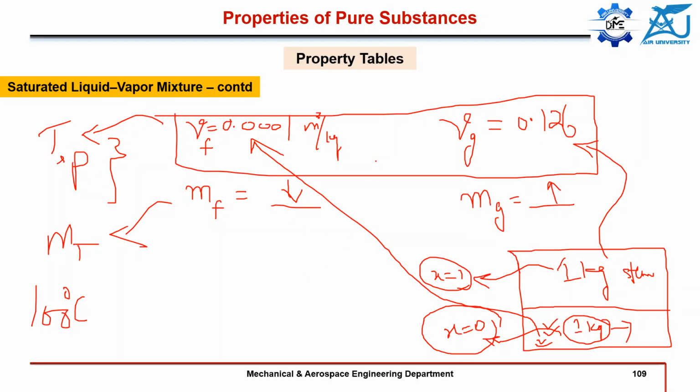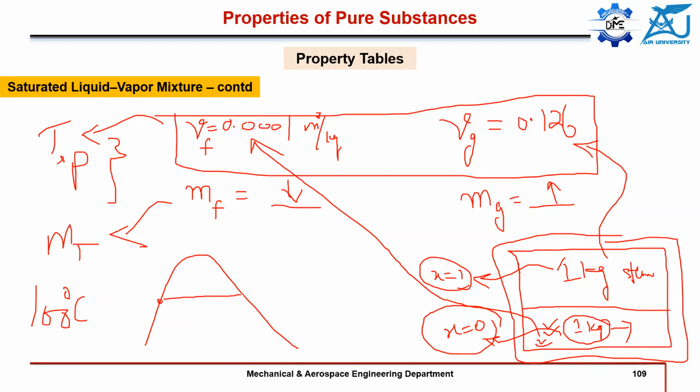Because if I talk about this whole vapor liquid mixture during phase change, so this is the phase change process now. During this phase change, let's say you are here.